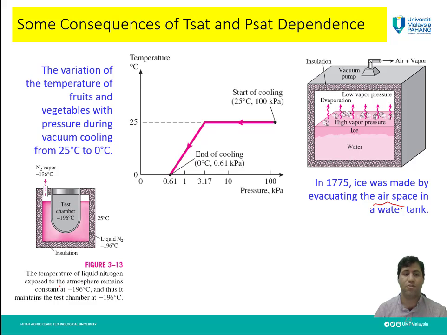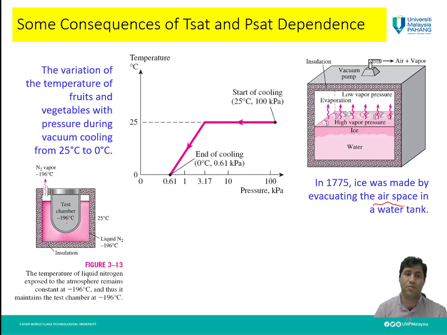The temperature of liquid nitrogen exposed to the atmosphere remains constant, like what we have here. For nitrogen, we have a phase change from liquid to gas at negative 196 degrees Celsius, a very cold temperature. So if we put a test chamber in this liquid, its temperature will also be constant in equilibrium condition.